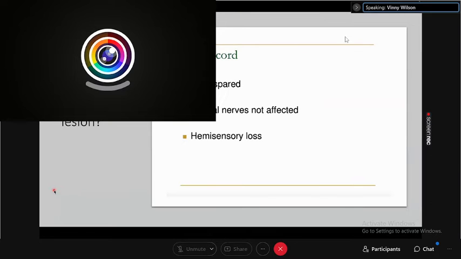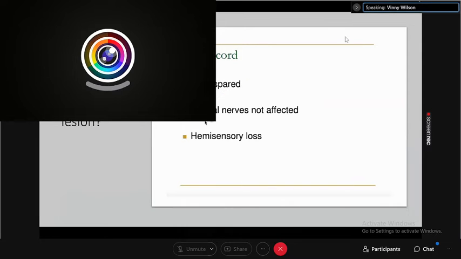Coming down further, when we reach the spinal cord, the clue to a spinal cord lesion is that the face or the cranial nerve is spared. It is very common to see facial involvement in hemiparesis, but if there is a sparing of facial weakness, then there is a likelihood that this hemiparesis is originating in the spinal cord.